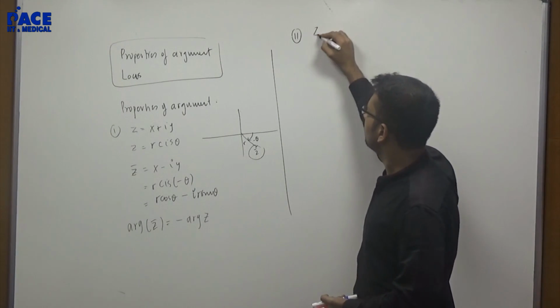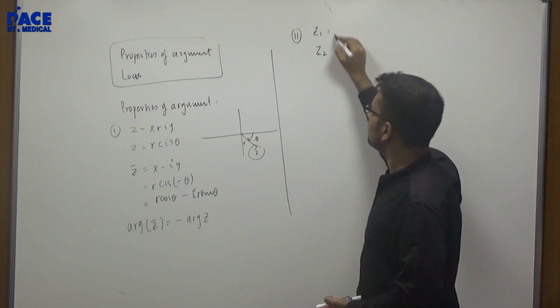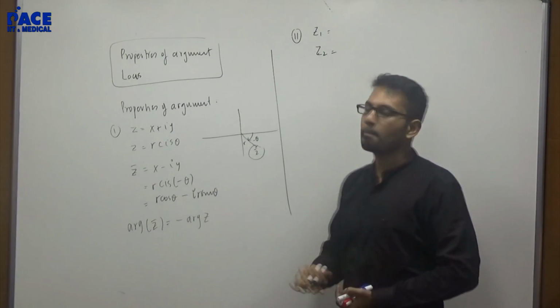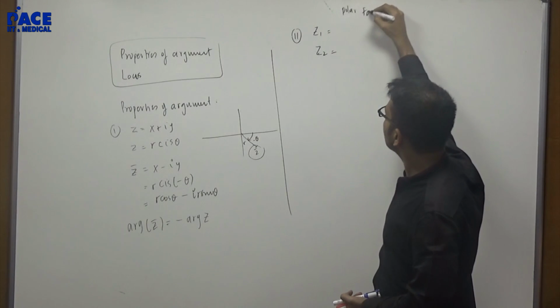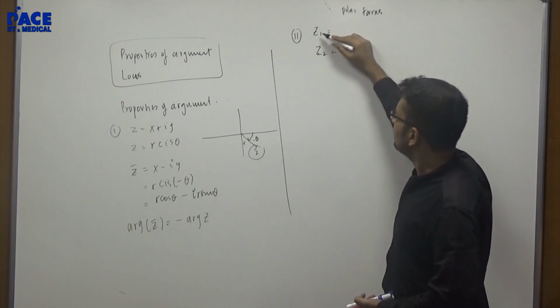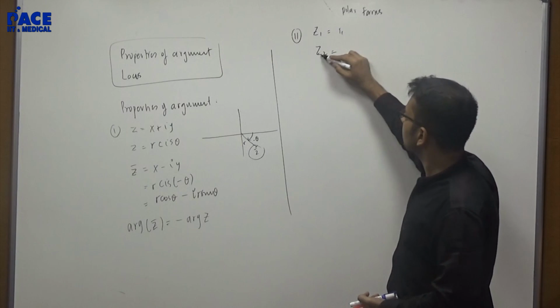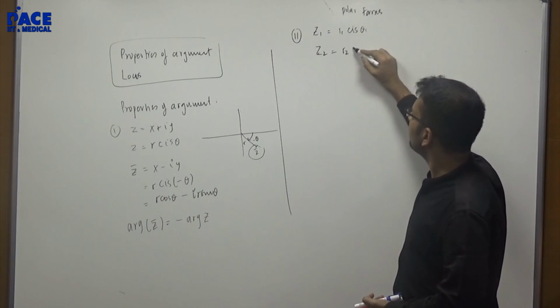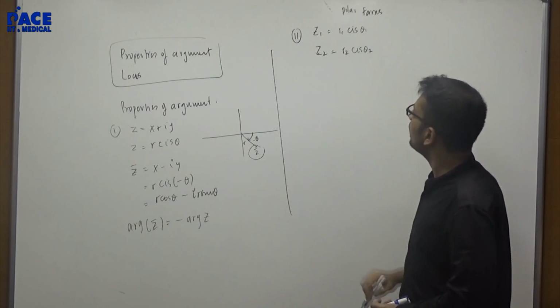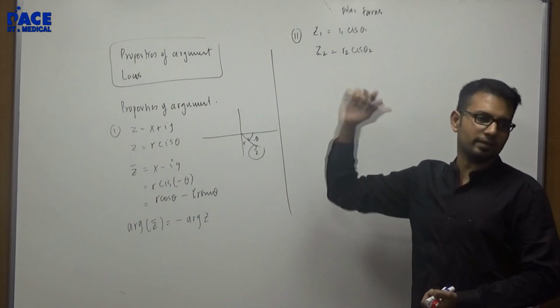Second, suppose we have two complex numbers z1 and z2. ठीक है? And suppose इनके polar forms कुछ ऐसे हैं. इसका मॉड्यूलस r1 है, इसका मॉड्यूलस r2 है, और इसका आर्ग्यूमेंट θ1 है, इसका आर्ग्यूमेंट θ2 है. So these two can be written in polar form like this.